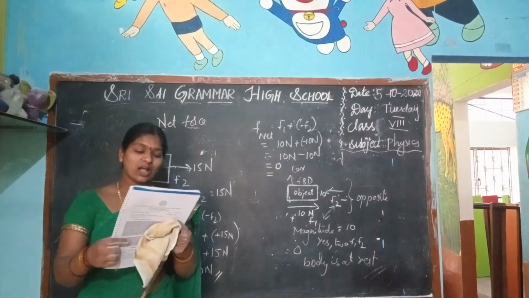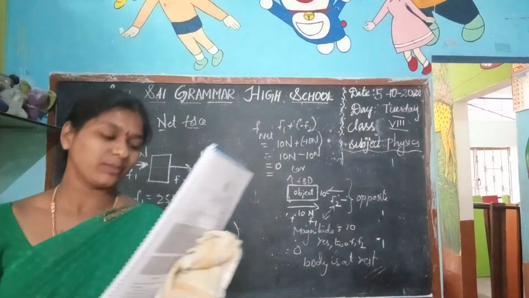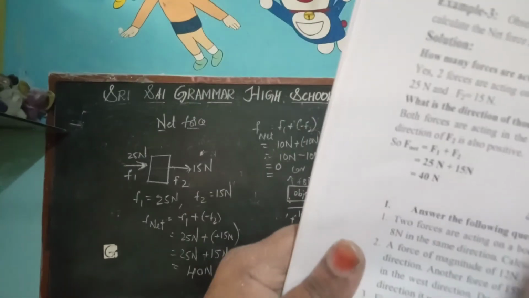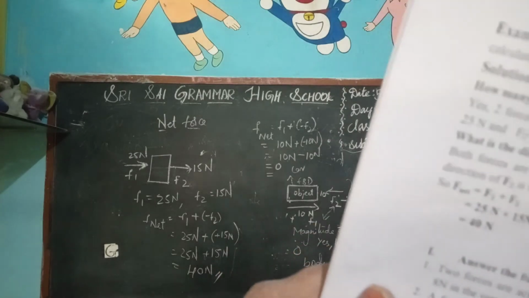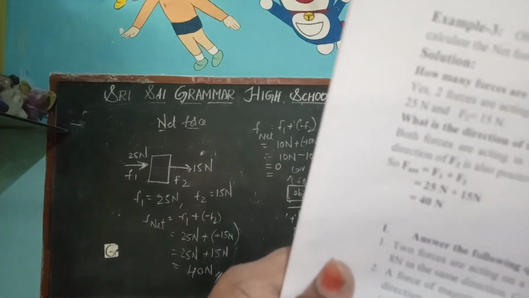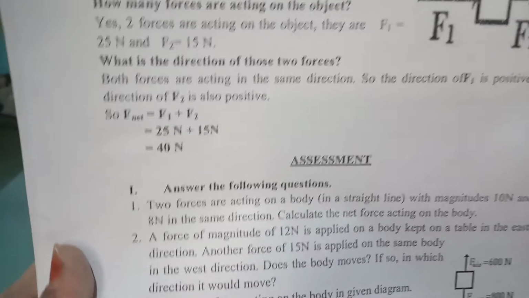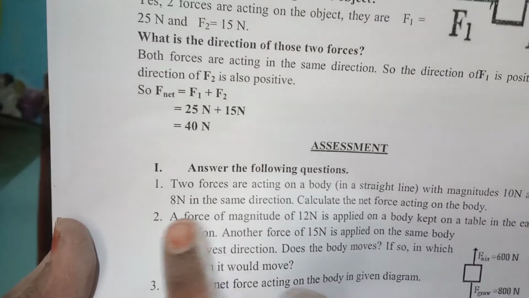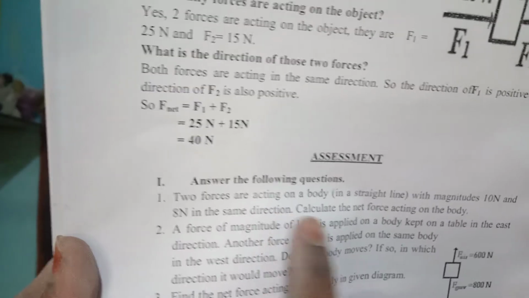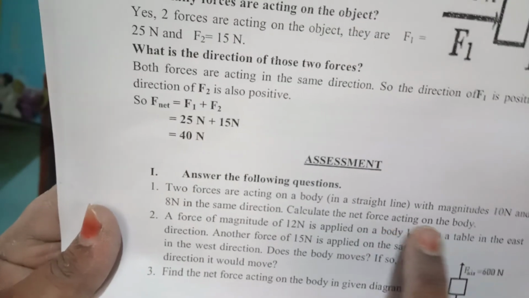Now I am going to show some assignments here. Everyone observe. Answer the following question. Two forces are acting on a body in a straight line with magnitudes 10 newtons and n newtons in the same direction. Now calculate the net force acting on the body.